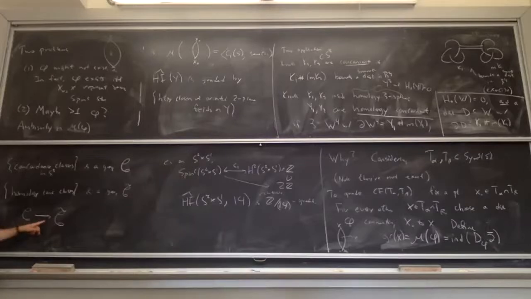And if 2 knots co-bound a disk in B4, that's a perfectly good thing for my definition of C tilde. So they co-bound in a contractible manifold. Okay.